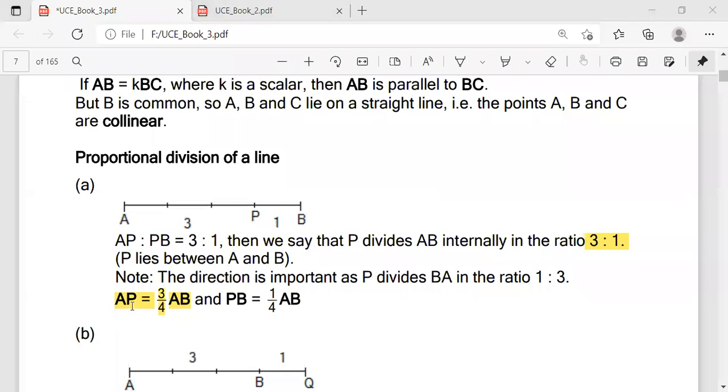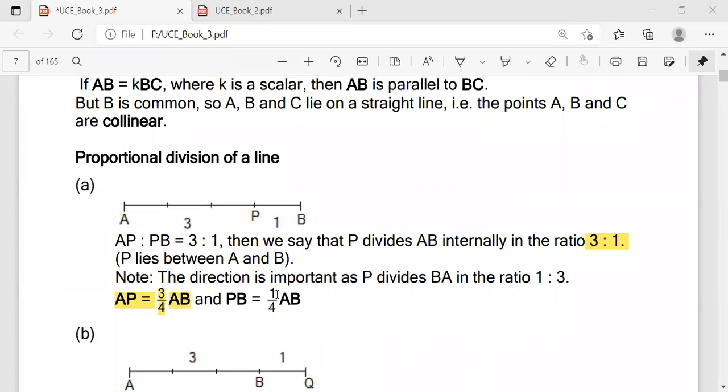Why are they on a straight line? Because there is a common point A, and there is a scalar multiplying another vector. The same thing with this: PB is equal to a quarter of AB. So there is a common point B, and there is a scalar multiplying AB.